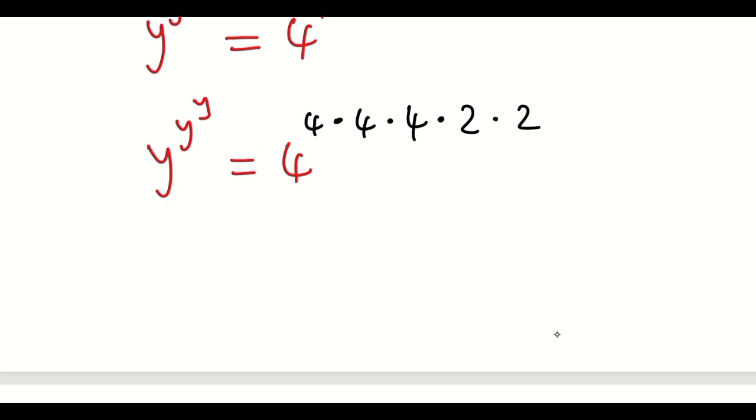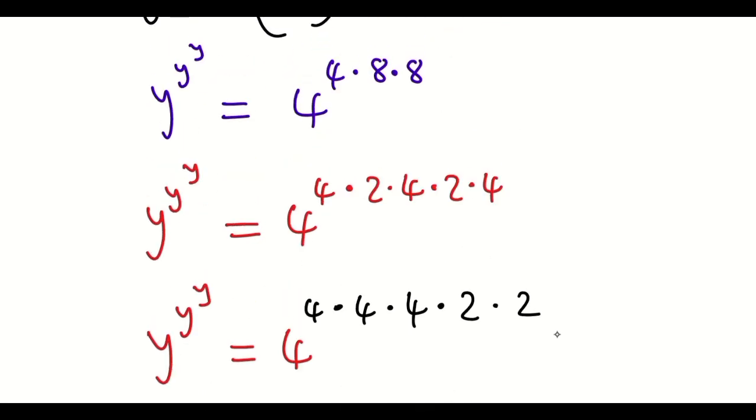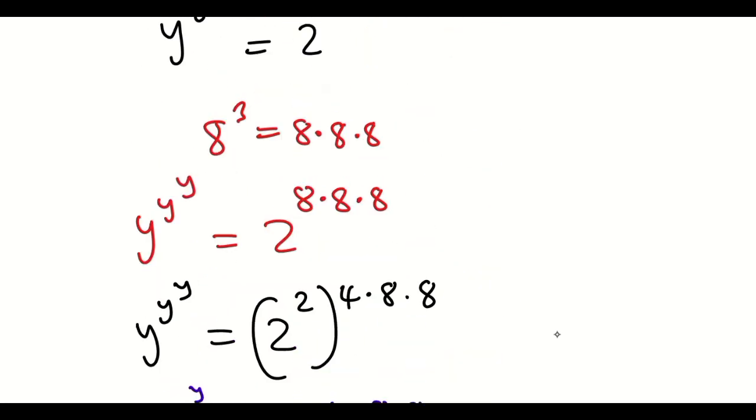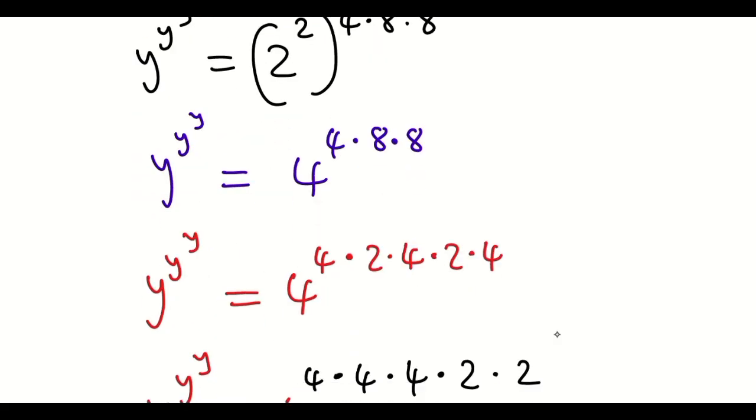So rewriting it, I'm going to have y raised to the power of y raised to the power of y is equal to what? 4 raised to the power of 4 times 4 times 4. Then 2 times 2 will give you 4. When I started, I told you that 8 raised to the power of 3 means 8 times 8 times 8. I'm sure you know this already. So coming here, look at this.